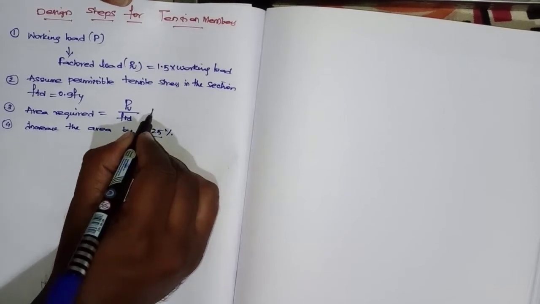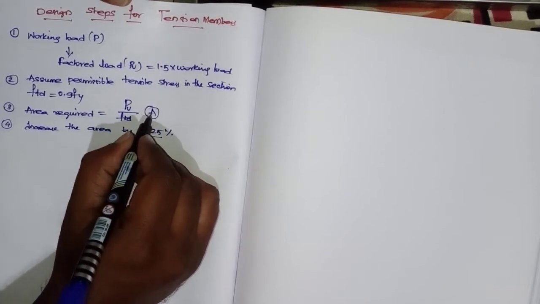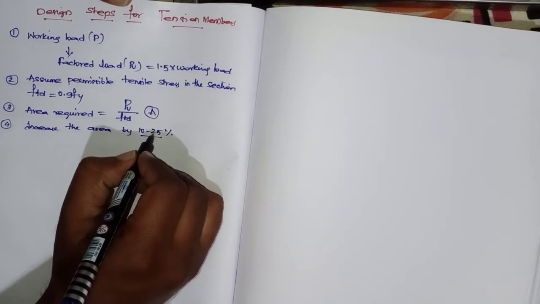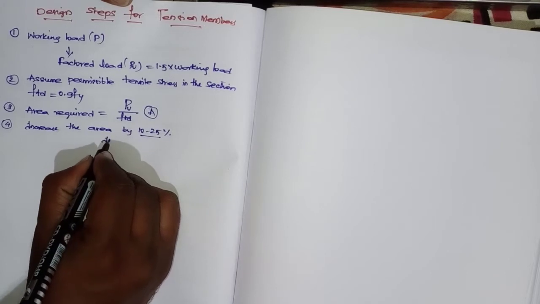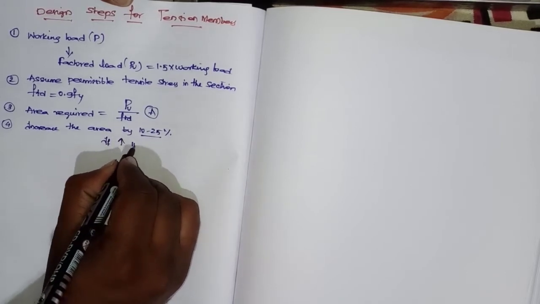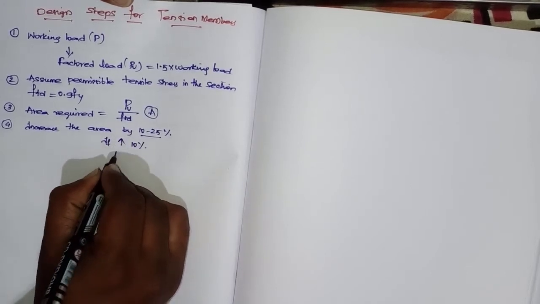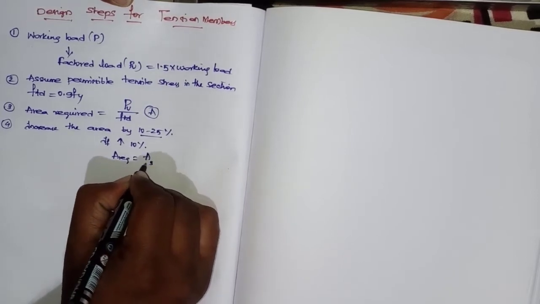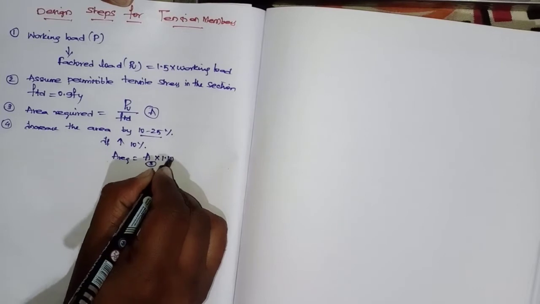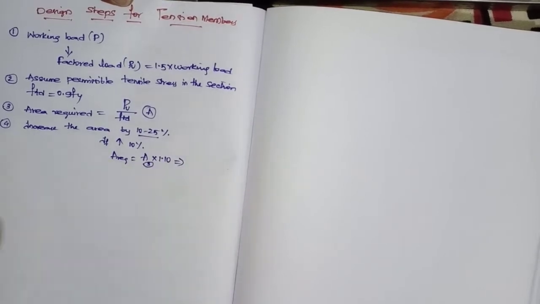Suppose I increase by 10%, then the area required will equal the area got in the third step multiplied with 1.10. You will get the area required.